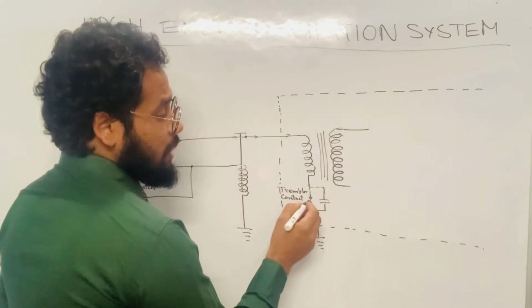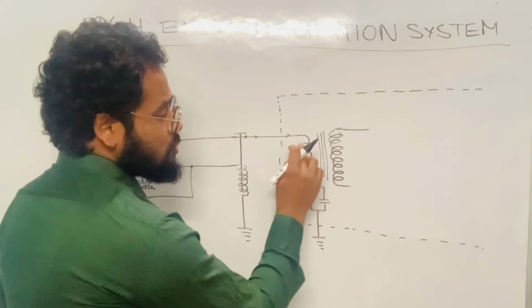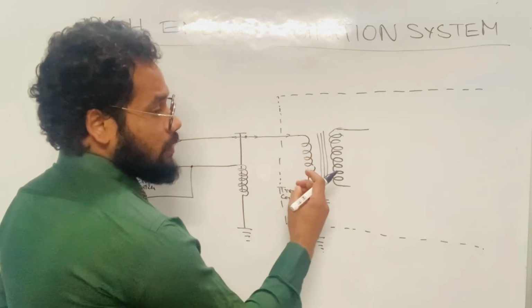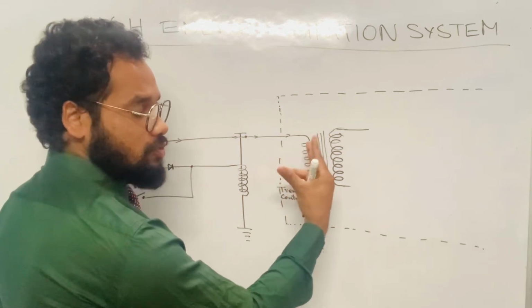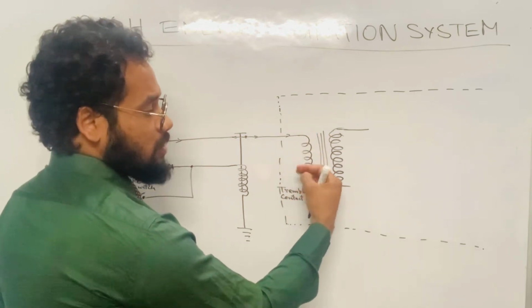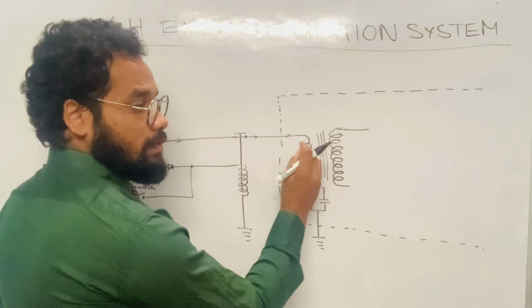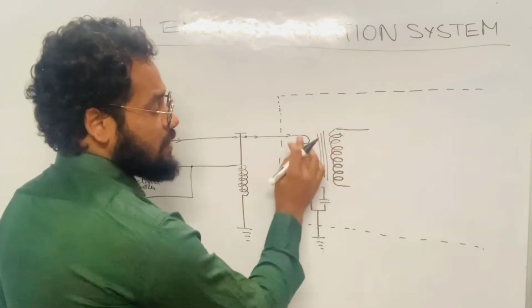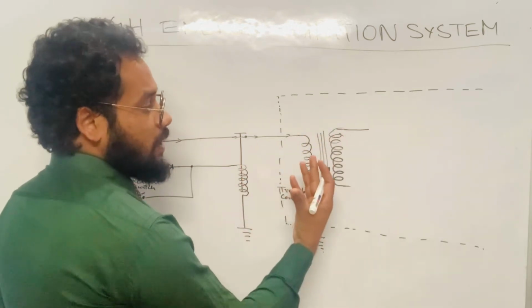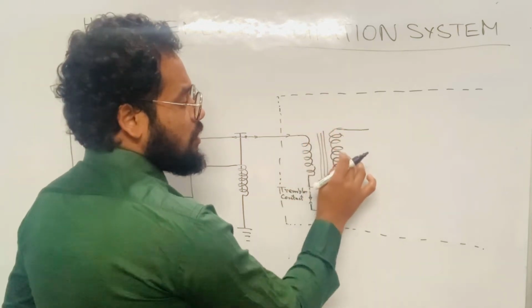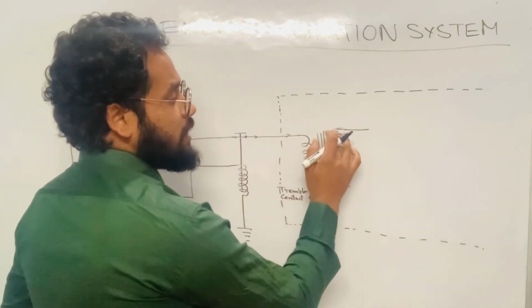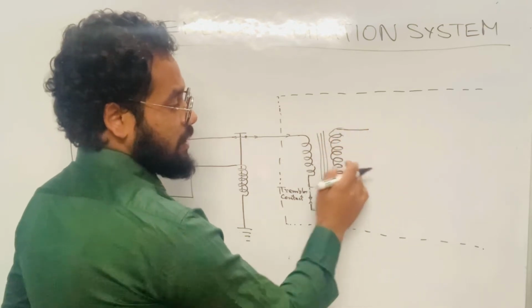And when this happens, the current flowing in this coil will alternately get its grounding path and have it disconnected. That means the current will be fluctuating. Because of the current fluctuating, the magnetic field also will be fluctuating, and when this magnetic field is fluctuating, we can say it's moving, and that moving magnetic field cuts the conductor of the secondary coil, and hence an EMF will be induced in the secondary coil.